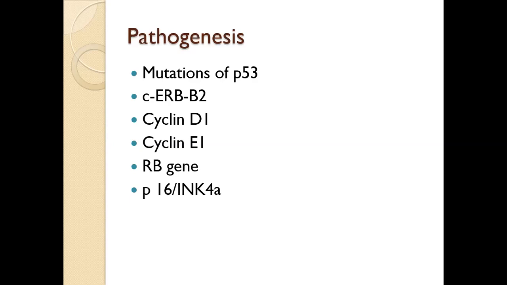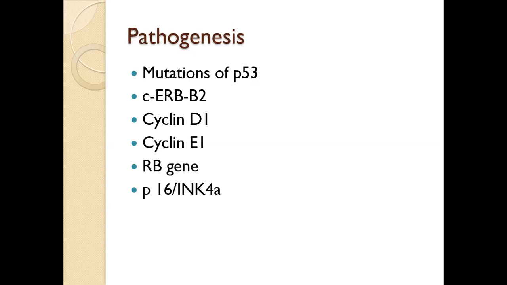So there are mutations of P53, and initially there is Barrett's metaplasia, which persists for longer periods of time, and this is followed by various grades of dysplasia and then adenocarcinoma.